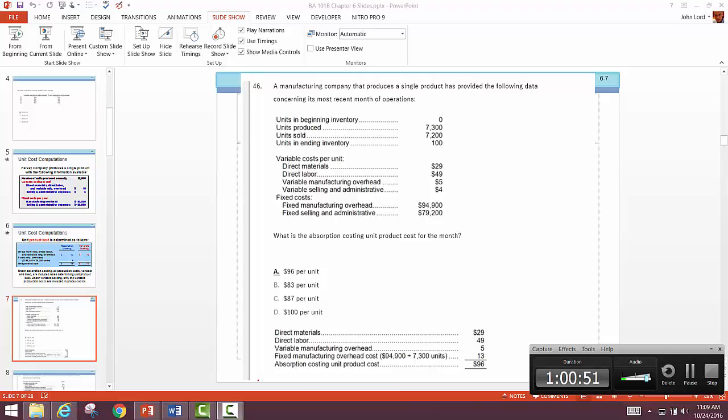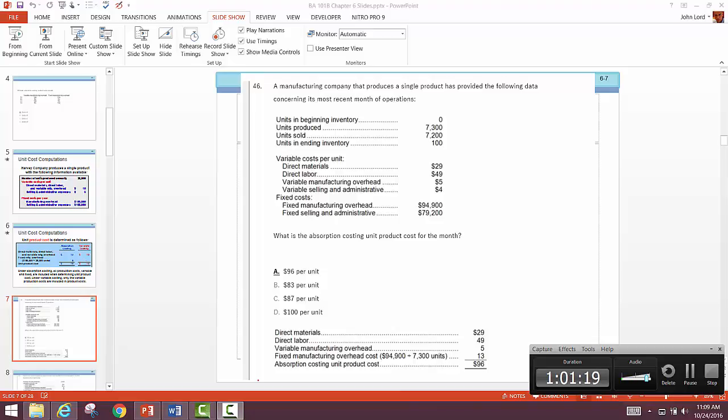So if I'm going through absorption and I produce my units, I produce them at $96 per unit. We know that's including my fixed manufacturing overhead per unit, right? That's where we got the 96, just looking at that problem the way the textbook contemplated it. 96 times the 7,300 units we produce.